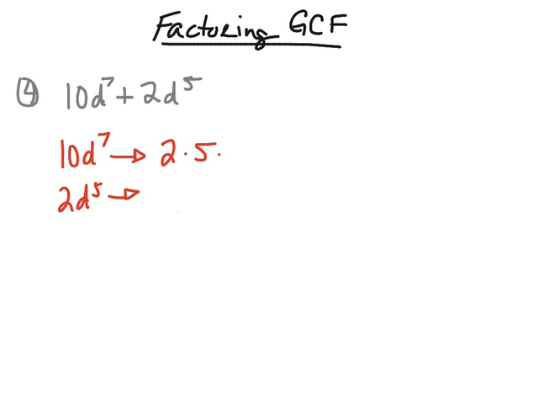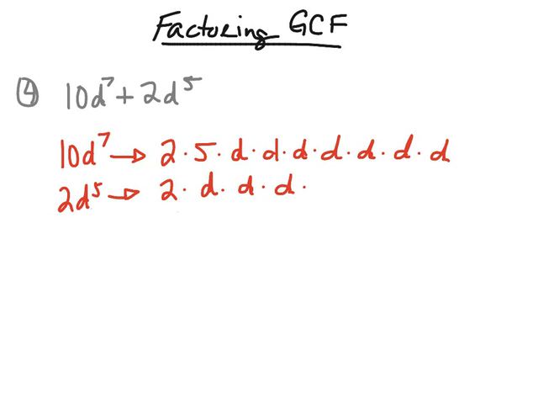D to the 7th, I'm going to need 7 d's: 1, 2, 3, 4, 5, 6, and 7. 2d to the 5th power, I'm going to need a 2 and 5 d's: 1, 2, 3, 4, 5.